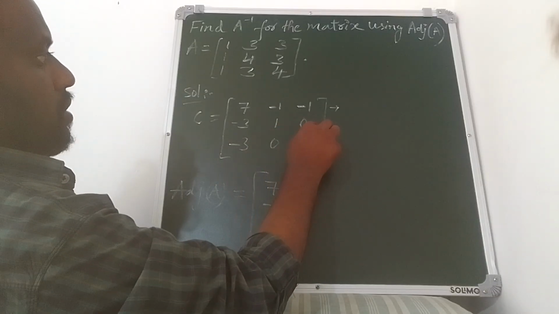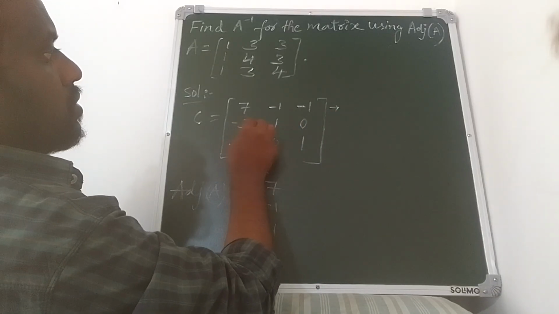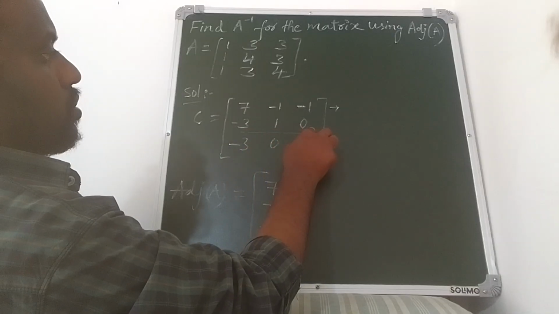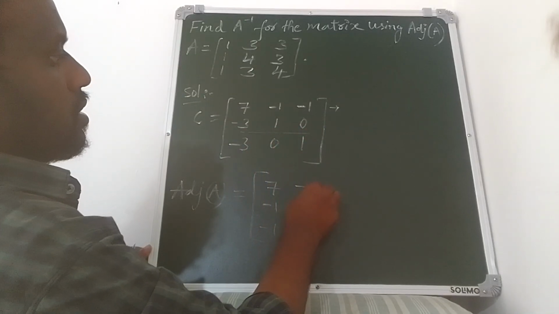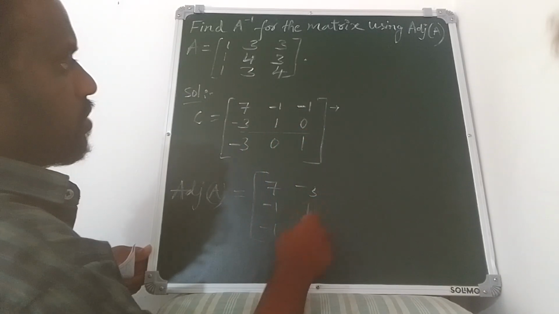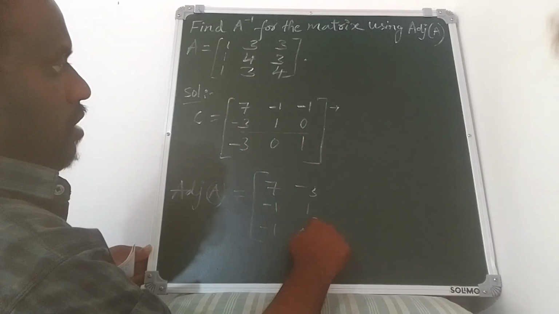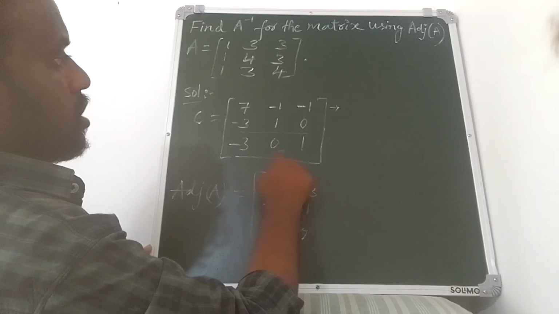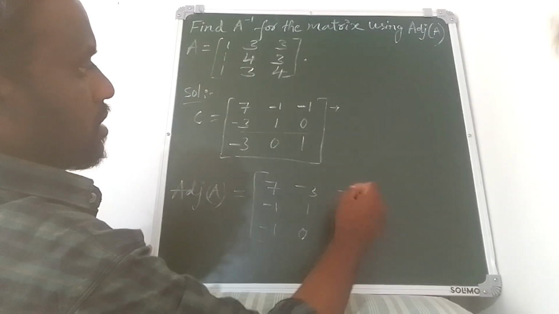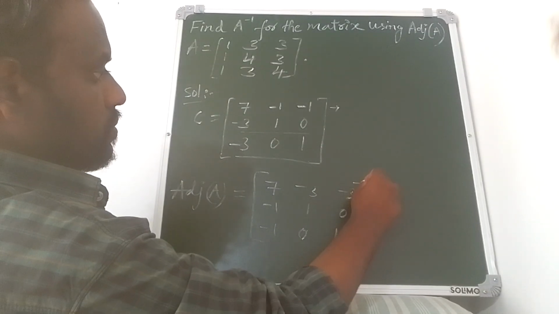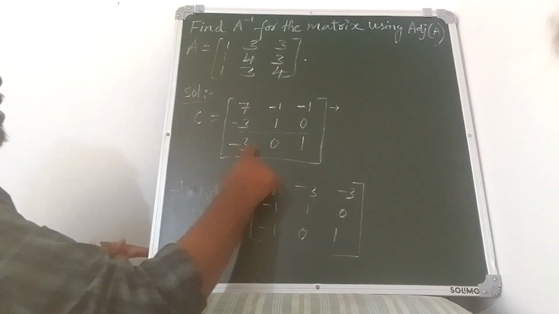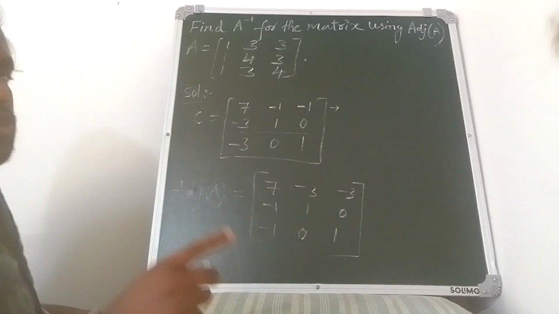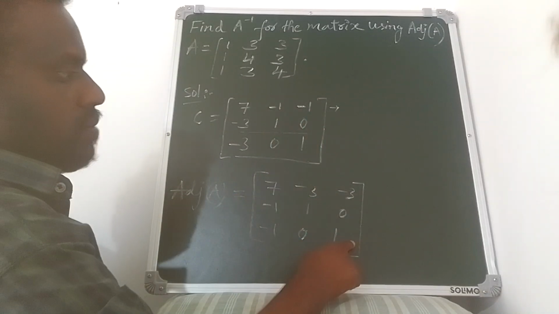Similarly, take the second one, -3, 1, 0. This is a row, I will write it as a column. Now this row became a column. Next, take the third one, -3, 0, 1, and write it as a column. This row became a column. So I have changed rows into columns.